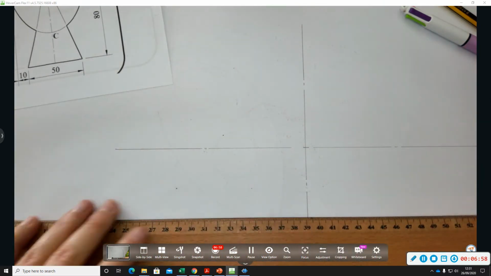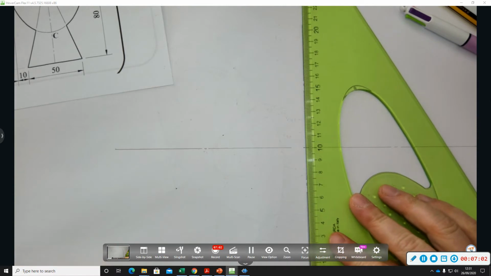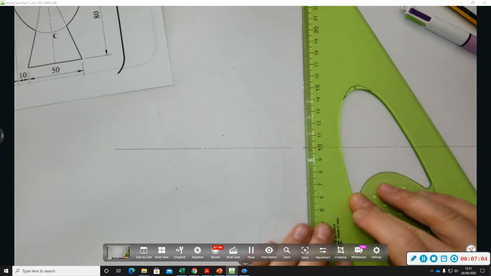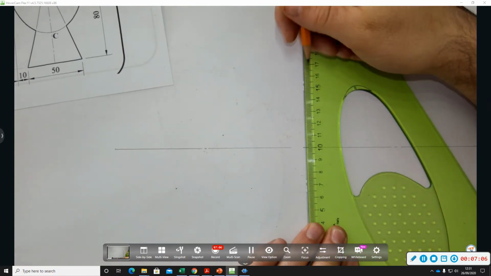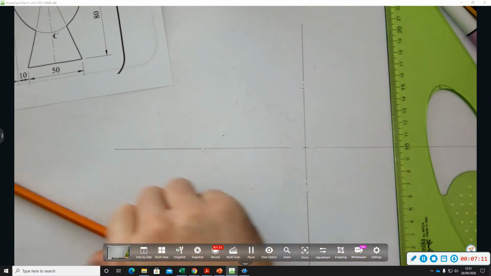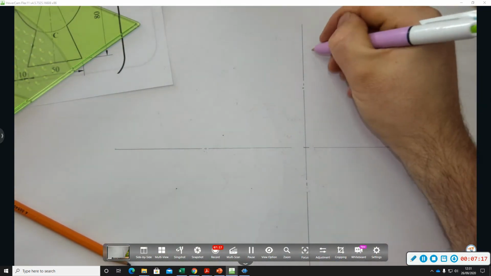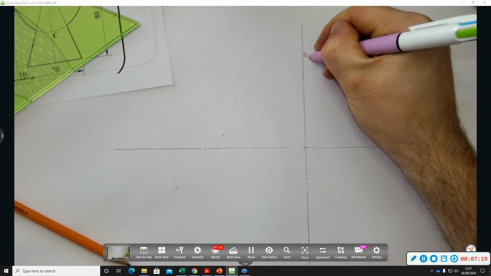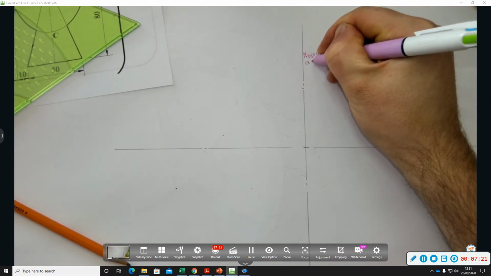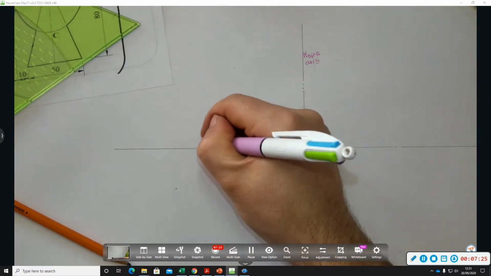The major diameter has a radius of 50, so I'm going to mark up 50 here from the center. I'm going to draw in the circle in one moment. I'm just going to label this now. So this is the major axis, and this is the minor axis.